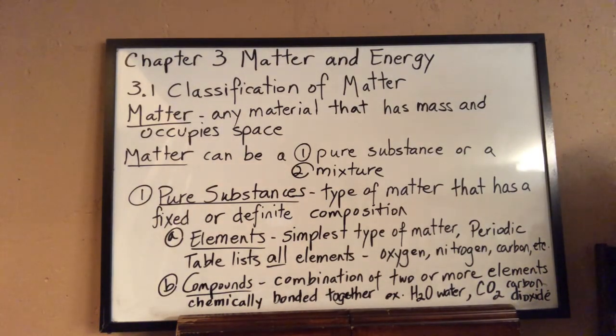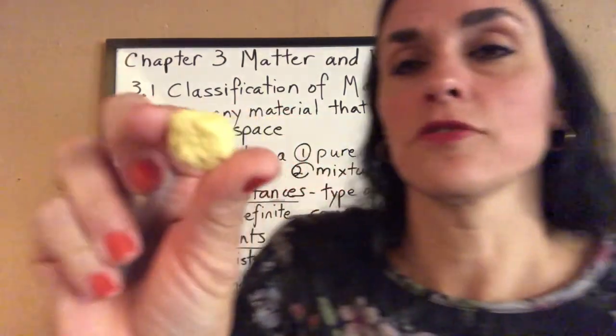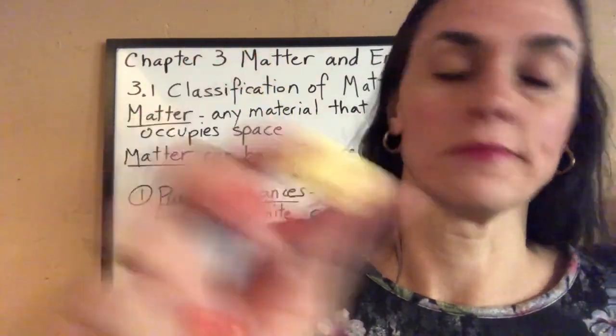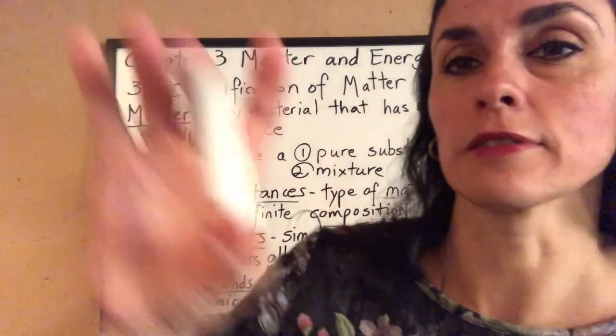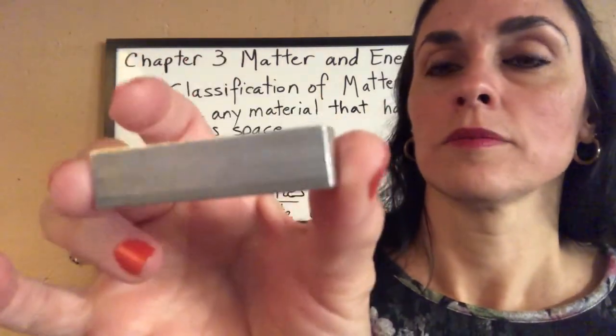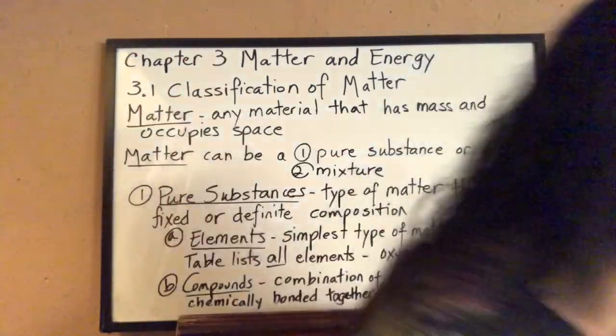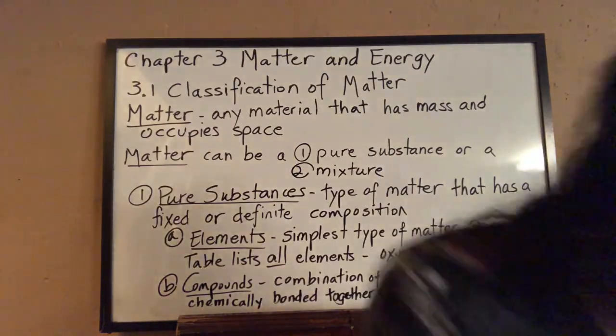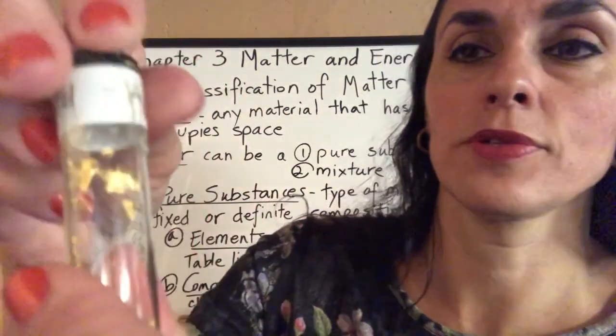I have some samples here I can show in the video. I have sulfur, symbol S, it's an element. I have an aluminum rectangular prism, element. I have gold foil, pure gold.